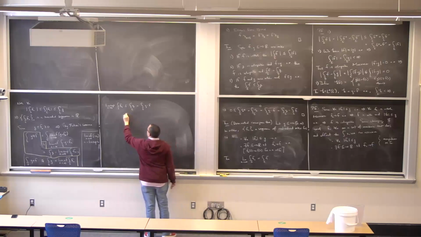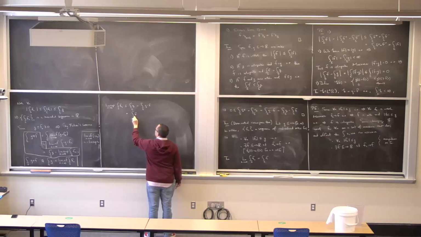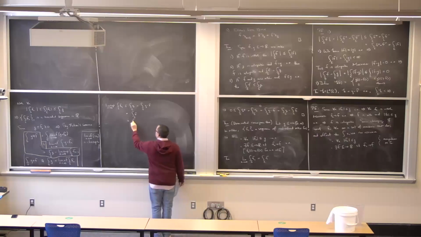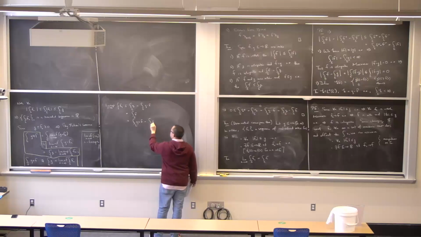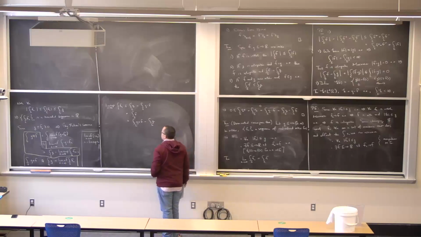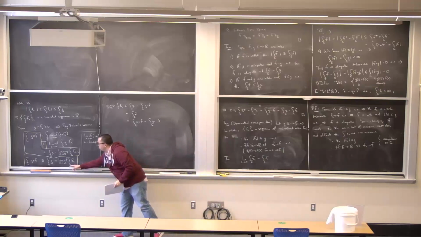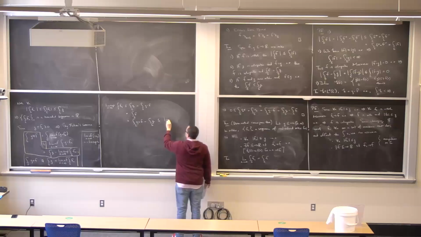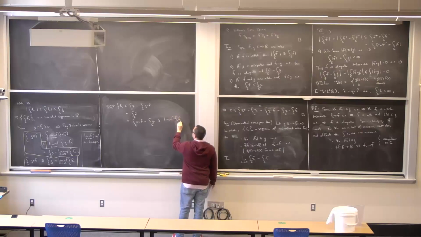And now by linearity, that's equal to the integral of f, and this is also equal to, by linearity, minus the integral of g. And by the second yellow box here, this is less than or equal to the integral of g plus the lim inf of the integrals of the fn's.